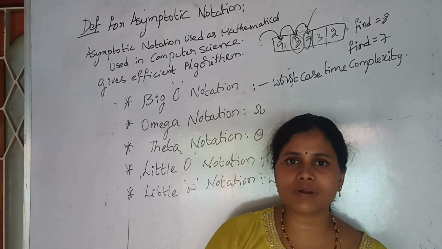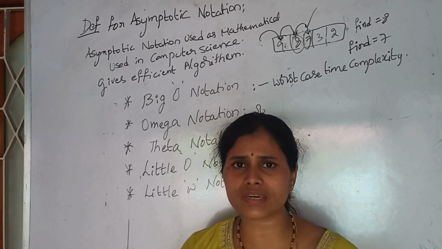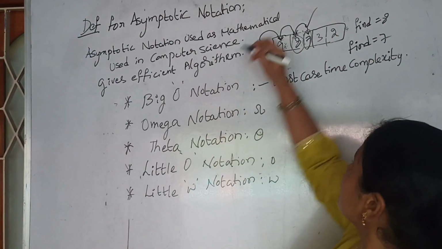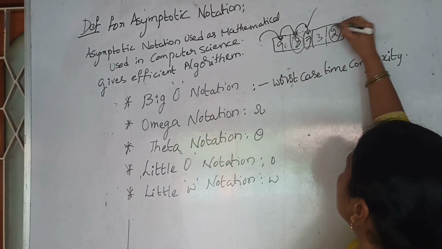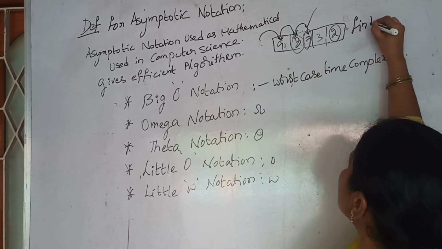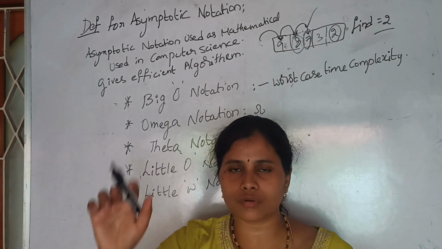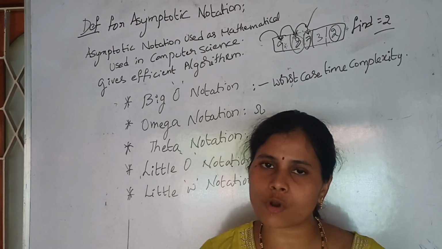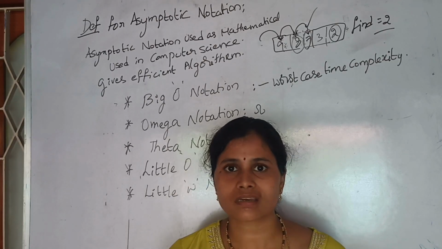From this example you will get an idea. When you are working with the worst case time complexity, here my finding value is 2. When you search for 2 in continuous blocks, you go through the best case and the average case positions.